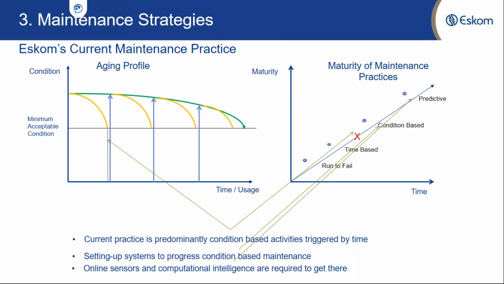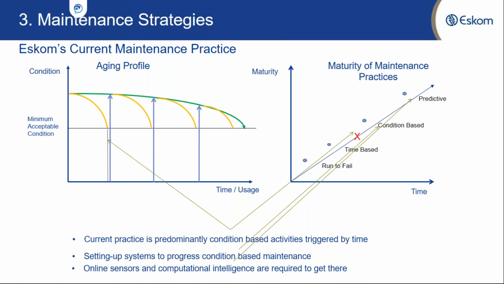So now that we have looked at the theory on maintenance approaches, let's bring it closer to how Eskom is approaching it. In Eskom, currently our maintenance approach is predominantly condition-based activities. However, these condition-based activities are triggered by time.